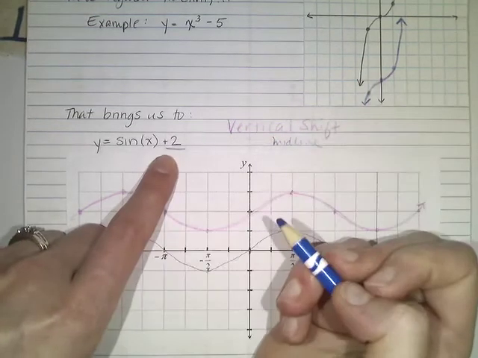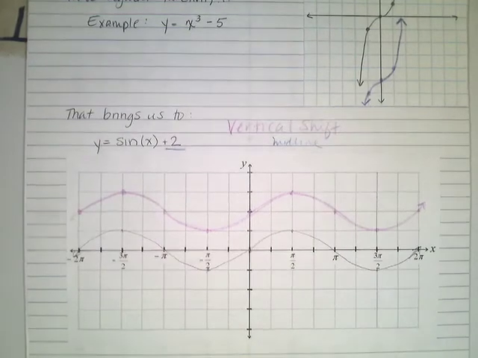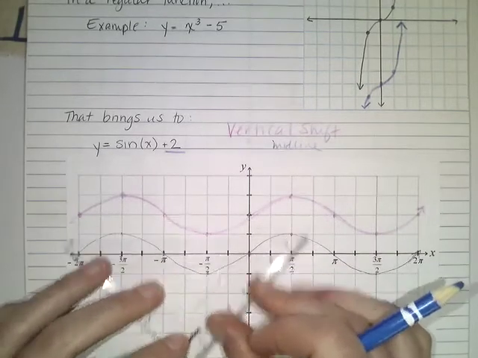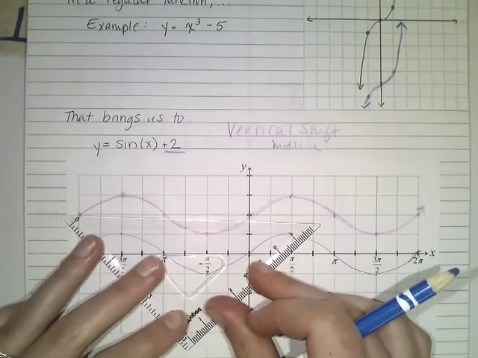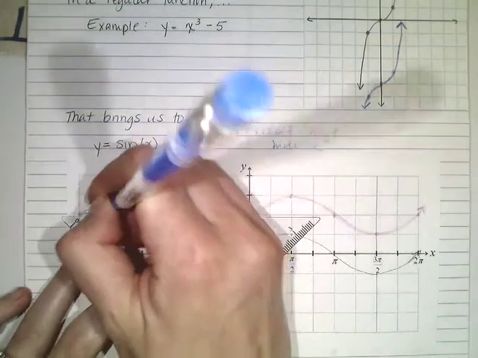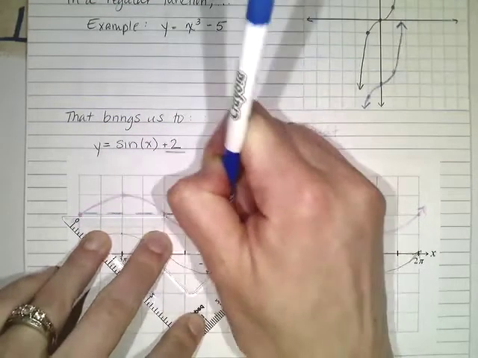Your +2. You could absolutely just go to your midline, go up 2. I know it's 0. Midline, up 2. Put a nice dashed line in there.